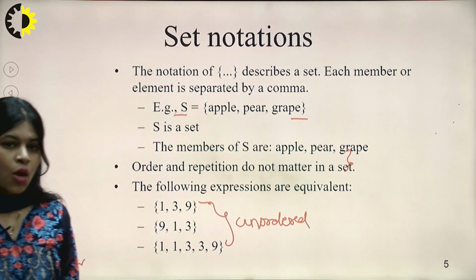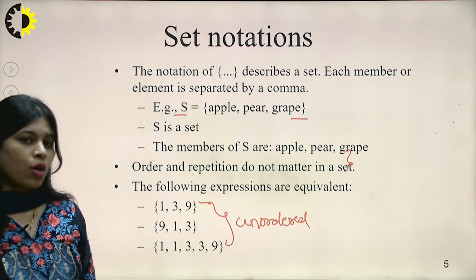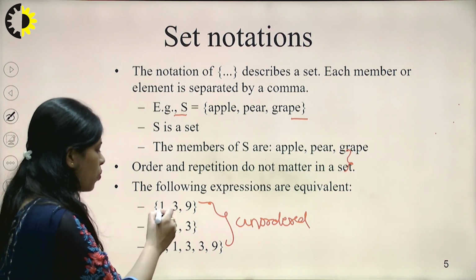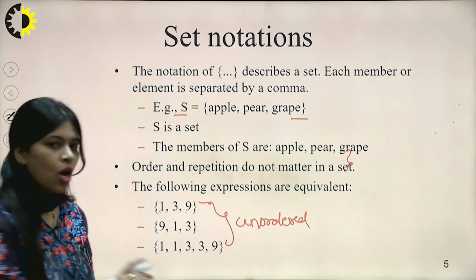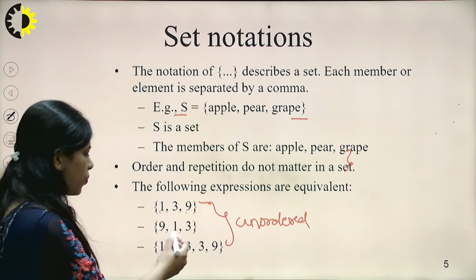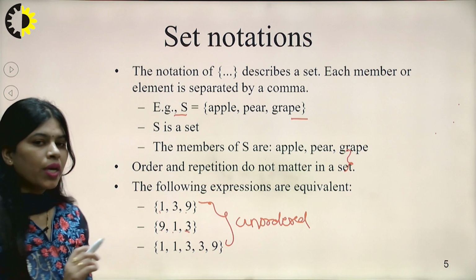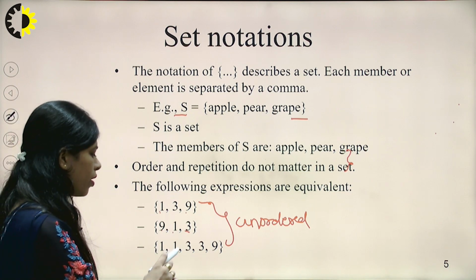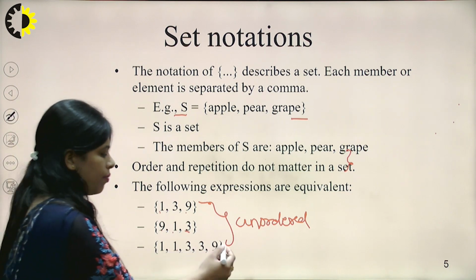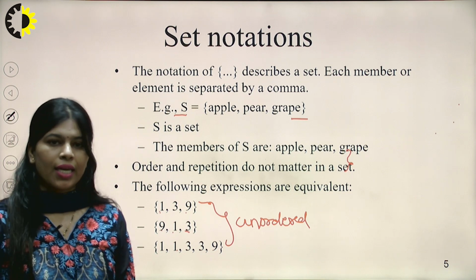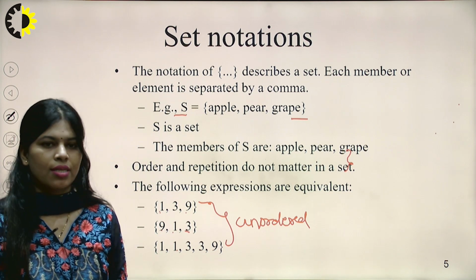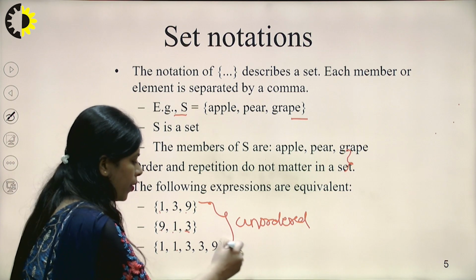Unordered means we can write the elements in the series 1, 3, 9, or we can write 9, 1, 3, but we can't write 1, 1, 3, 3, 9, because repeating elements is not allowed in a set. So this is the wrong way.